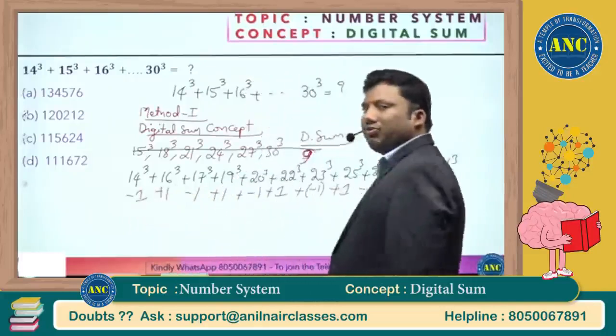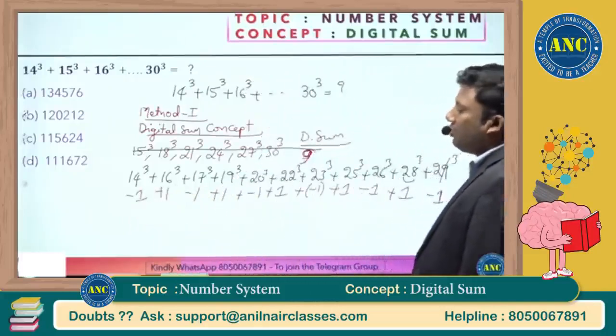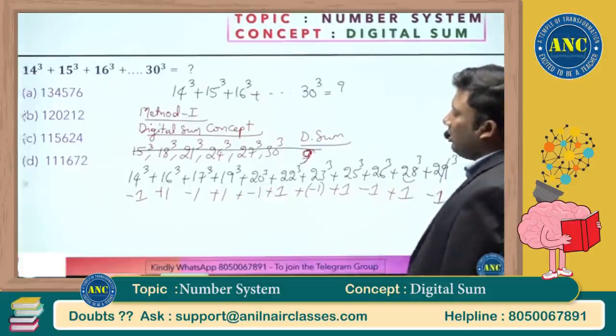14: 1 plus 4 is 5. 5 cube is 125. 1 plus 2 plus 5 is 8. 8 by 9 is minus 1.